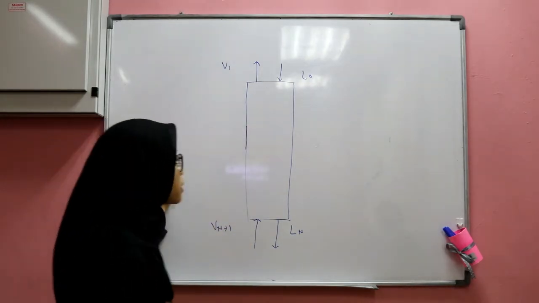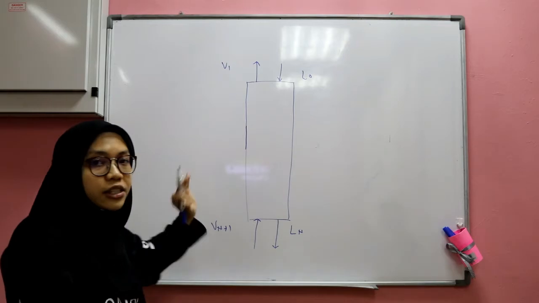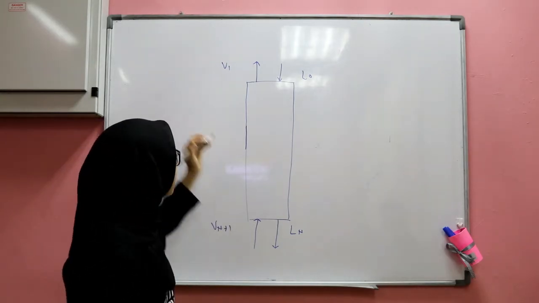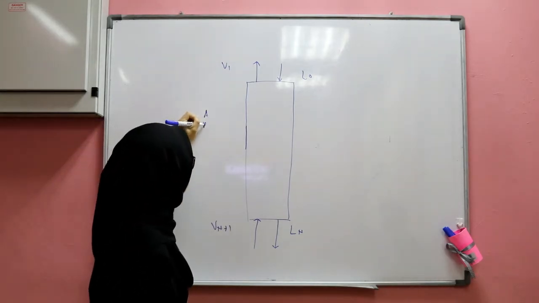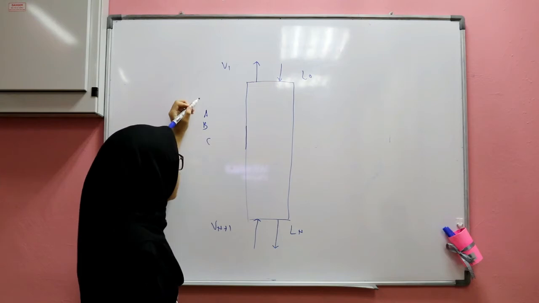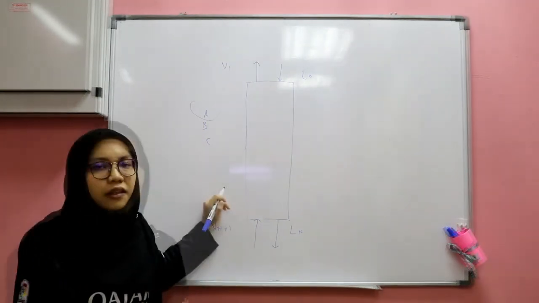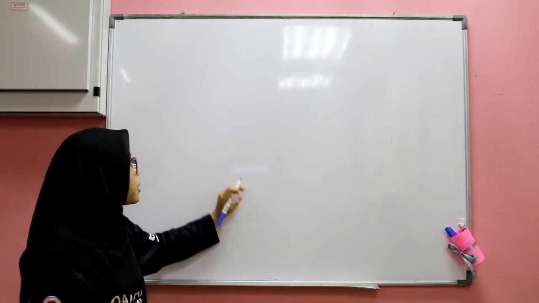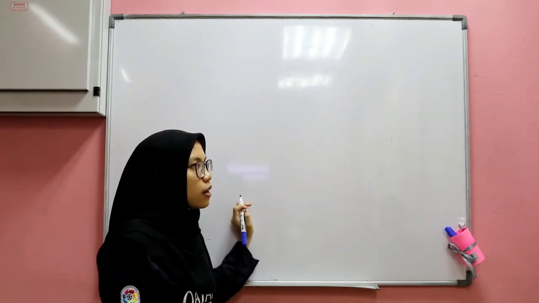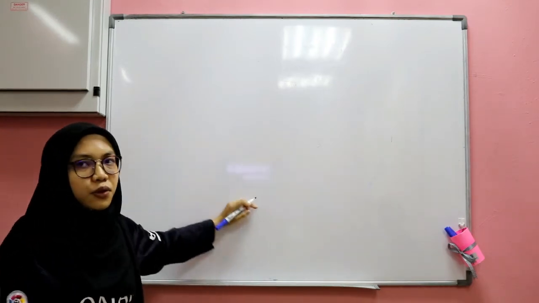So for the stages, we use component A. There are usually 3 components, which are components A, B, and C, but we only use component A. Okay, we need to do the material balance before we draw the graph.